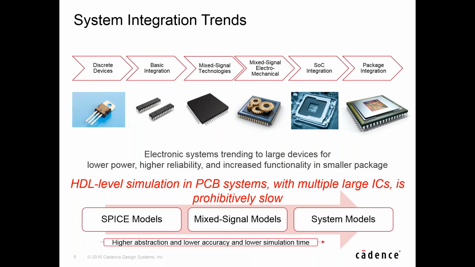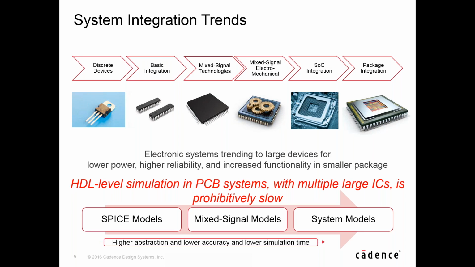engine, it becomes prohibitively slow to try and simulate a multi-PCB system all the way down at the transistor level inside every IC. That's just prohibitive. It can't be done. So there are different levels of models and abstraction of models to address the different levels of the design.